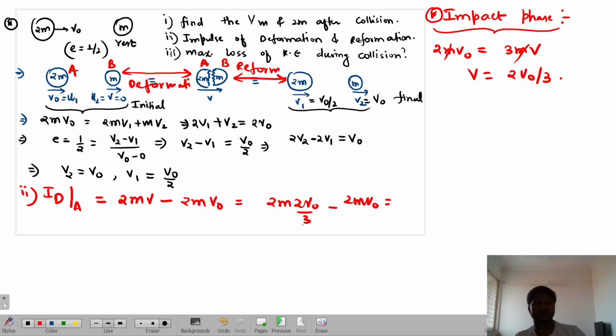How much is this going to be? 4m v naught by 3 minus 2m v naught, which gives minus 2m v naught by 3. Yeah, is that clear or not? So that is correct. Impulse is working for A in which direction? If this is A, the normal is working in the opposite direction, so that is why the impulse is negative. For mass M, let us check ID of B.